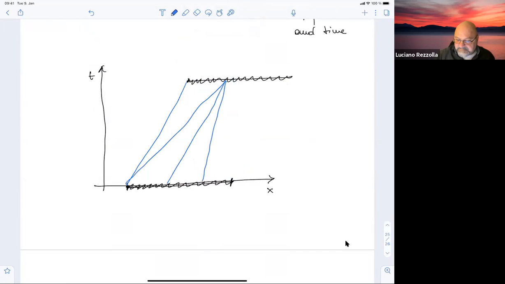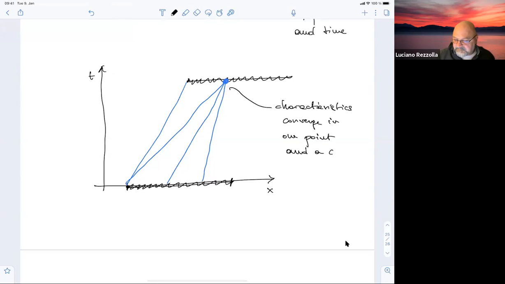In particular, it is possible that all of the characteristics converge in one point, and a caustic develops.